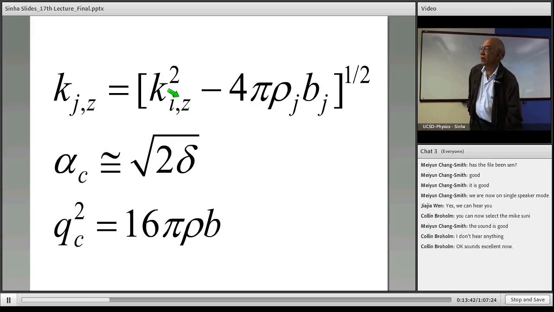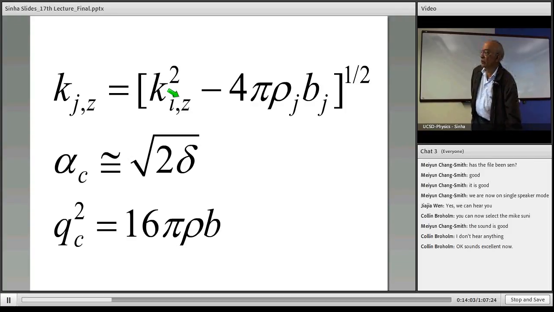So you can write that as the one coming in from free space, from the air, k incident z component squared minus 4 pi times the scattering length density in the jth layer to the 1/2 power.